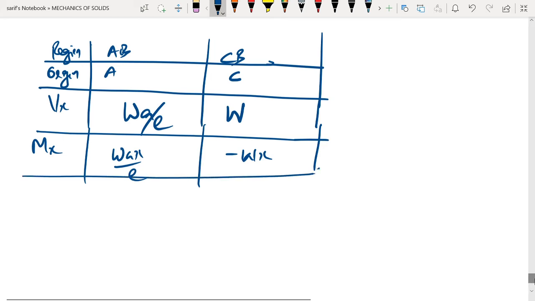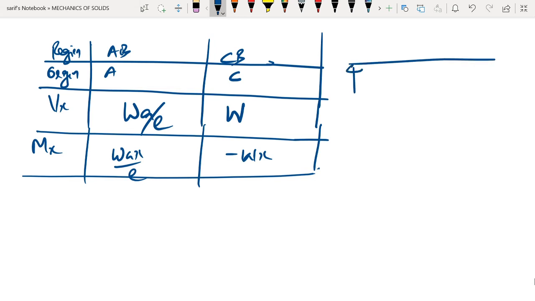Having these expressions in tabulated form, we are now ready to draw the shear force and bending moment diagram. Let us take Vx. To draw Vx, we need to know the nature of variation, and we also need to know the values at the salient points.